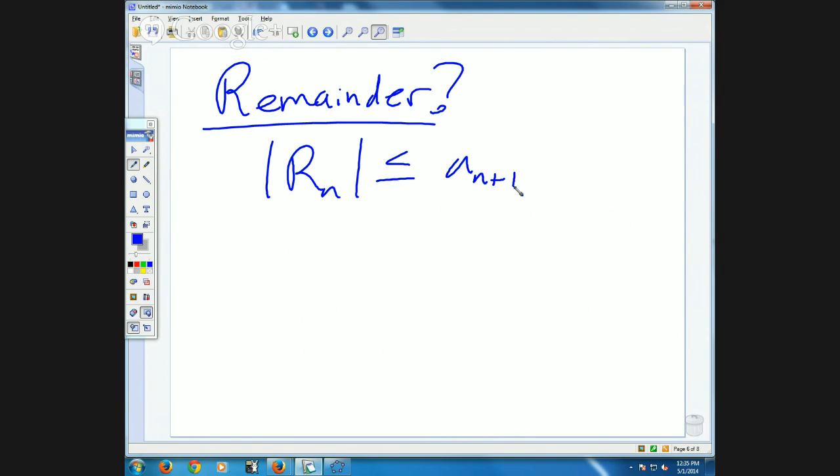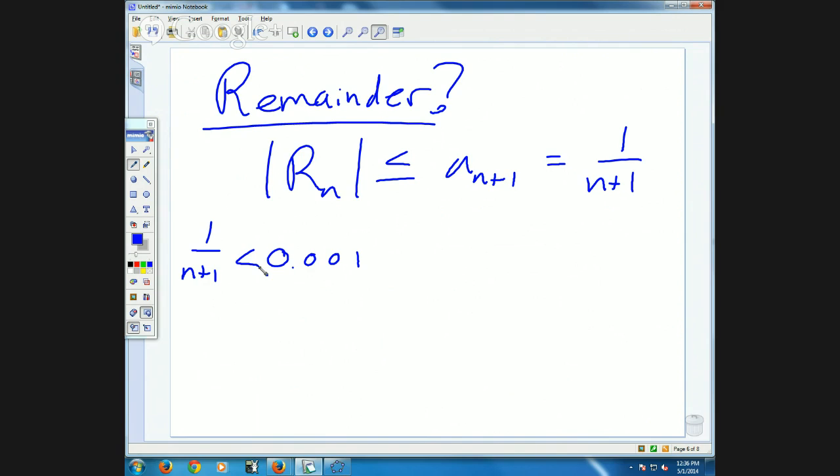So u sub n plus 1 for us is 1 over n plus 1, right? Because our series is 1 over n. Ignore the alternating sign. That's what the u's do. So let's suppose I want 2 decimal places of accuracy, meaning that when I subtract, I get 2 zeros, and then who cares what comes next? Maybe a 1. So I want my 1 over n plus 1, say, to be less than that.